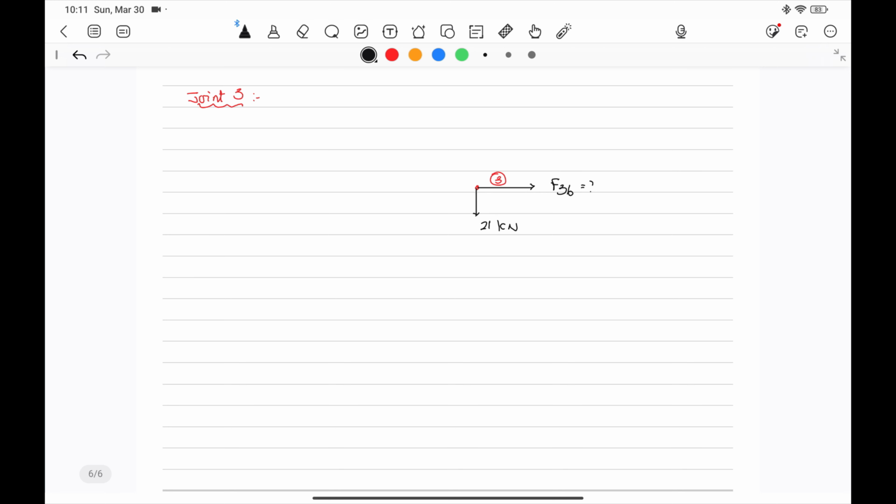We are only talking about the joint. And another force is F34. We have to see the direction.